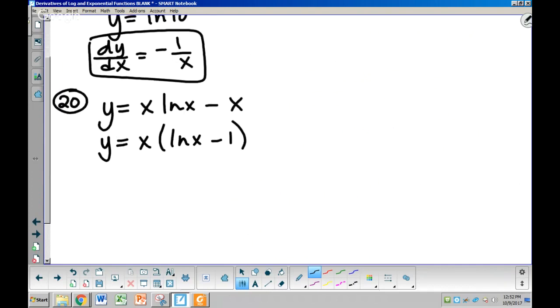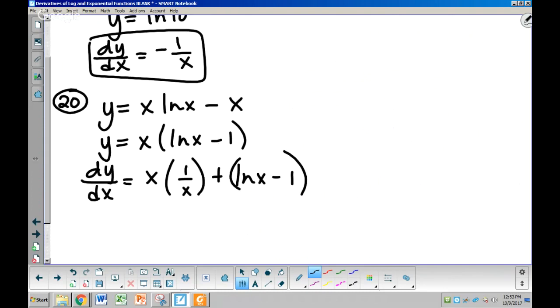All right, now what? dy dx is, I'm going to use the product rule, which would be first, times the derivative of the second. What's the derivative of ln x? It's 1 over x, and then the derivative of 1 is 0, plus second, which is natural log of x minus 1, times the derivative of the first, which is 1, which gives us 1 plus natural log of x minus 1, which is just natural log of x.